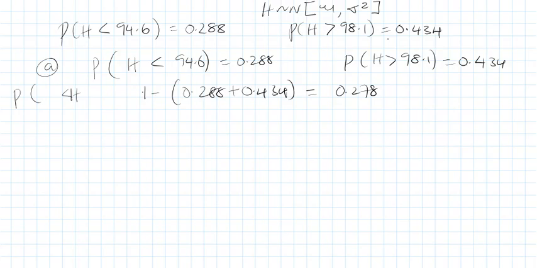To do the first part, we just do 1 minus, because total probability should be 1. So it's equal to 1 minus 0.288 plus 0.434, which is 0.278.